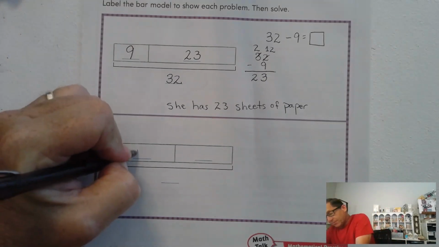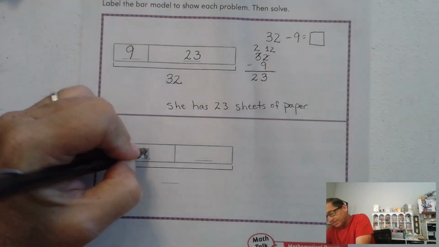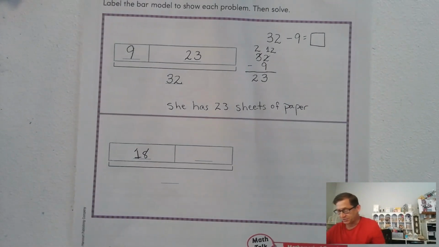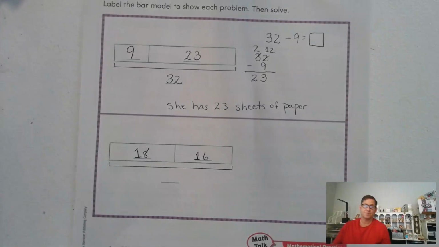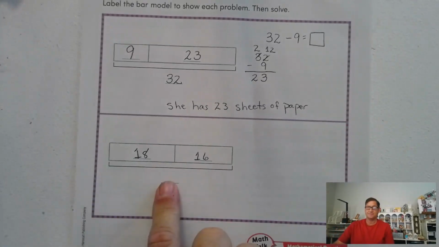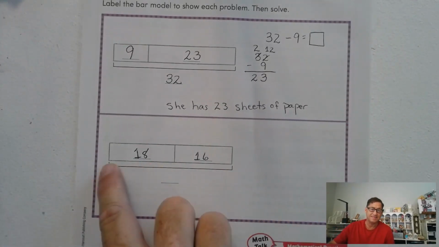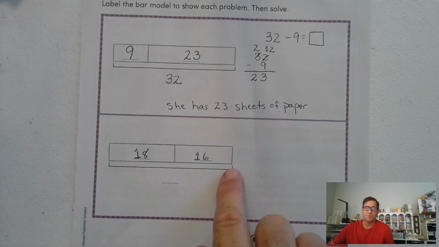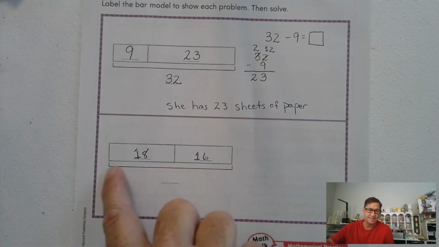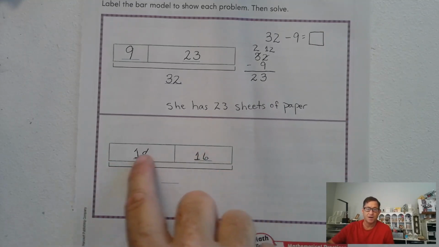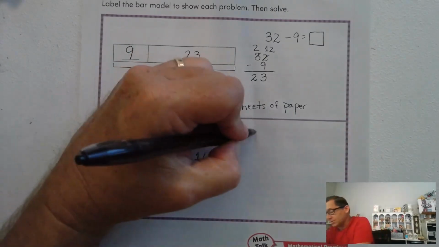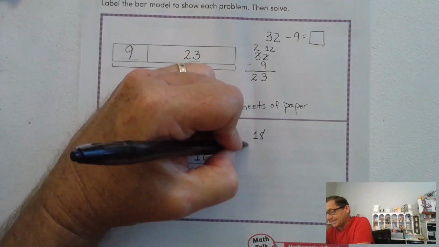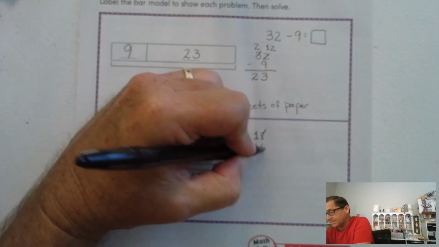Okay, is this what you came up with? I told you Cassie drew 18 pictures and Jeff drew 16 pictures. Well, combined, that's going to tell me how much they have together. So when I look at this bar model, I know that these two boxes combined have to equal this. So I can just add 18 plus 16.